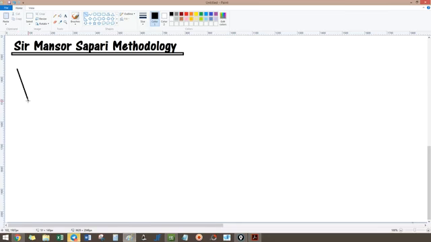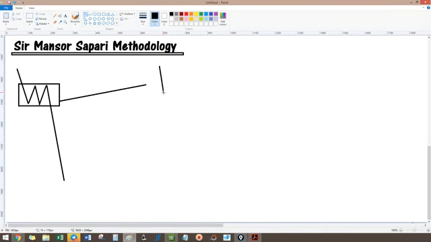For example, you got a base here. For example, you got a rally base drop, drop base rally. So if you zoom in here, you will find something like this.